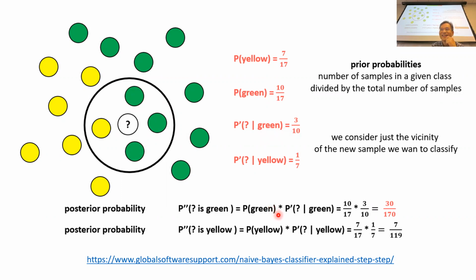It's hard to get your head around this. So you multiply these two probabilities, and you get the posterior probability. That's your solution for whether this belongs to the green category or the yellow category.